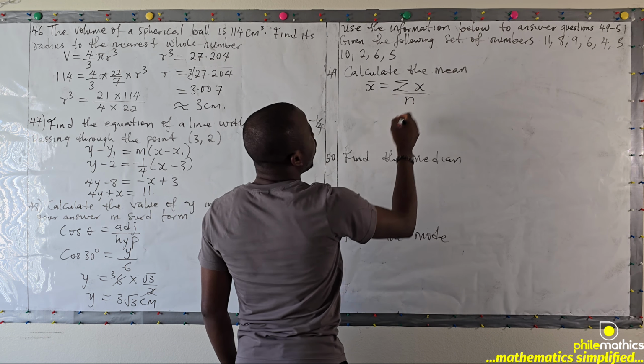So this will give us 11 plus 8 plus 9 plus 6 plus 4 plus 3 plus 10 plus 2 plus 6 plus 5, everything divided by how many numbers we have: 1, 2, 3, 4, 5, 6, 7, 8, 9, 10.